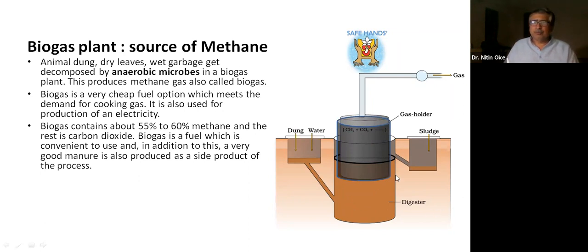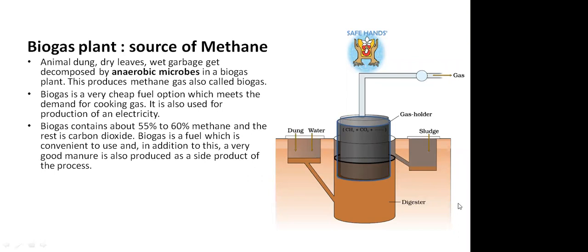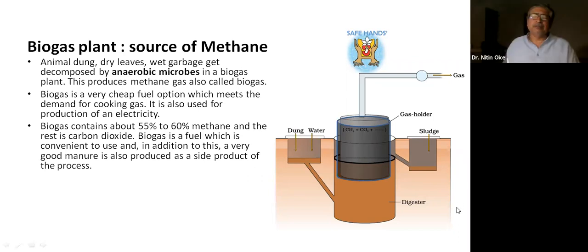This part of the biogas plant is called as digester. And here the dung, animal dung, dry leaves, wet garbage is added. And this sludge is actually a wonderful manure. It increases the quality of the field to a very large extent.